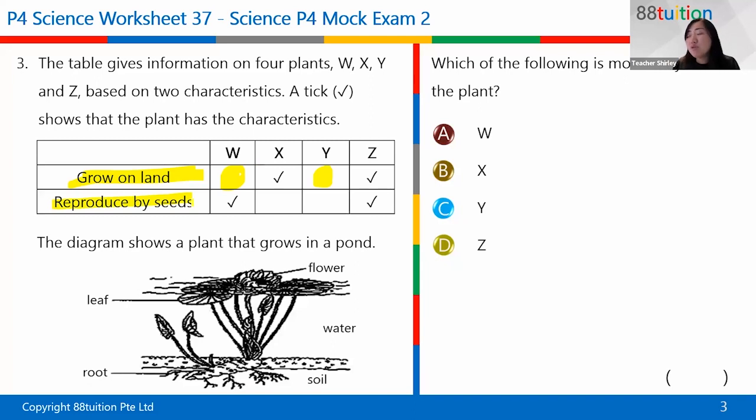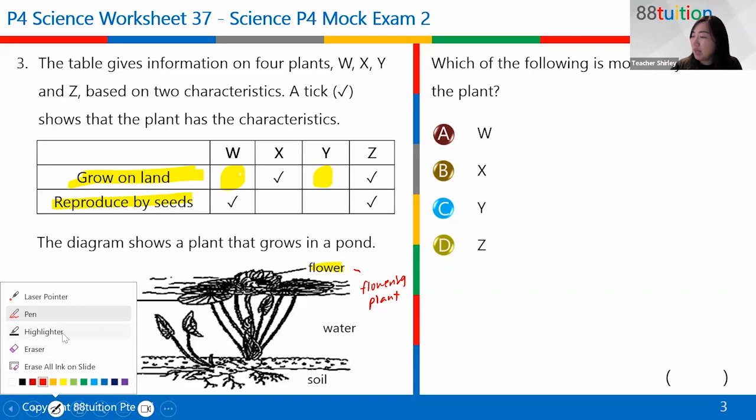Reproduce by seeds. Does the plant reproduce by seeds? Catherine, yes. How do you know it reproduces by seeds? Because the plant has a flower, proving that the plant is a flowering plant. Very good. Okay, so since it has flowers, it has to be a flowering plant, and flowering plants reproduce by seeds. So this one actually tells us that it is a flowering plant. Very good.